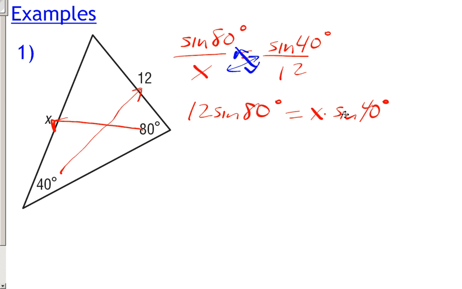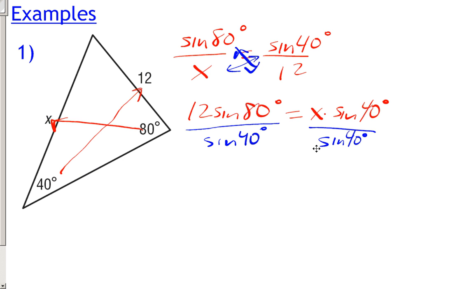Now, you could write sine 40 times x, or x times sine 40 degrees, but don't forget the rookie mistake you might make if you write it like that. Notice I'm not punching anything in the calculator yet. So keep it till the end.